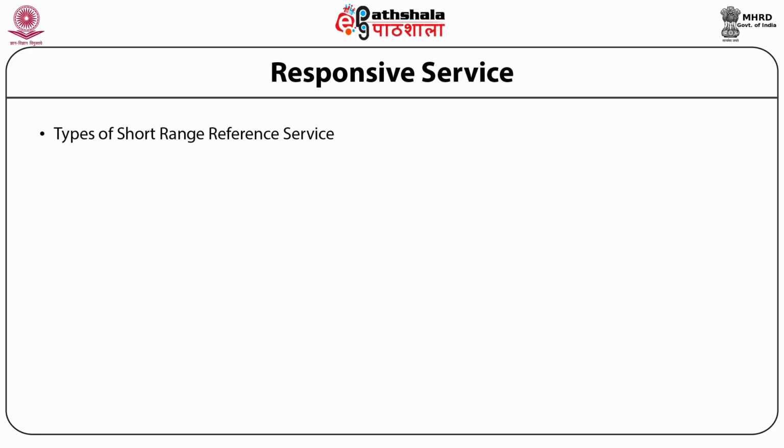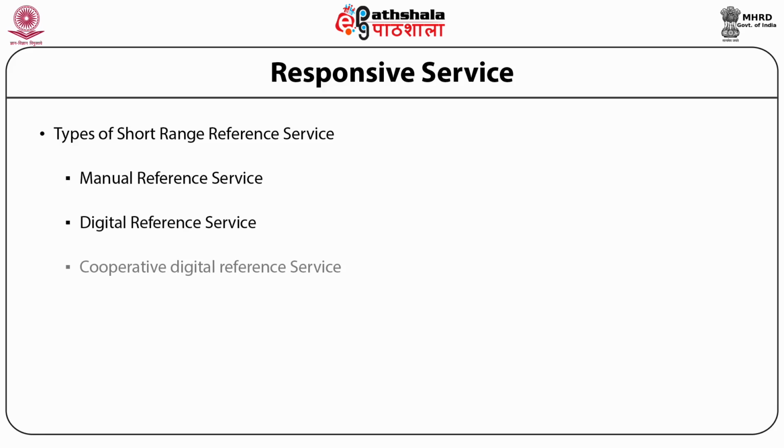Short-range reference service may be manual, digital, cooperative digital, or web-based reference service. Manual reference service is provided to the users in person when the user visits the library. In digital reference service, users communicate with the reference staff remotely over computers and telecommunication networks without being physically present in the library.